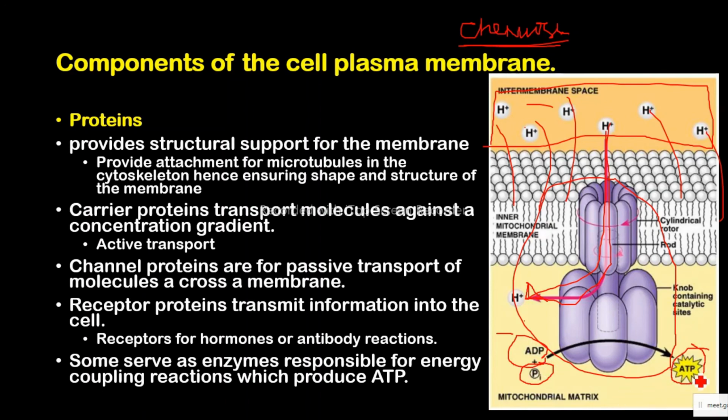And so this is how energy is formed by chemiosmosis. So if you don't have these proteins within the plasma membrane, then there is no way you're going to form the energy.